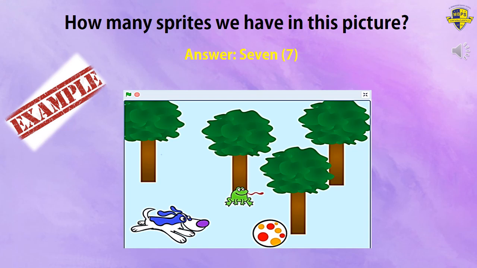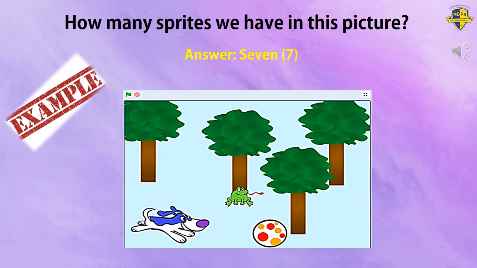And then we have a frog, so that means 5. Then we have a dog, means 6. And then we have a ball with which the dog is playing, so that means total sprites are 7. Correct? Come on, count it and tell me how many sprites we have total.